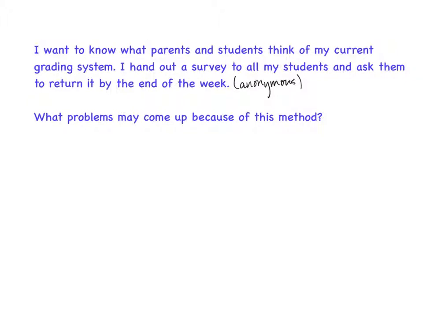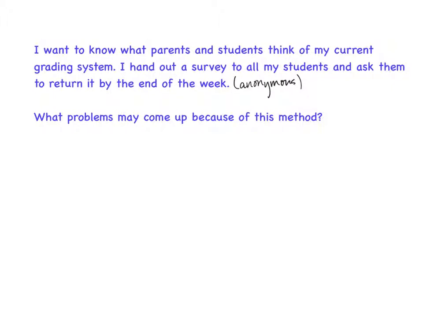So another situation: I want to know what parents and students think of my current grading system. I hand out a survey to all my students and ask them to return it by the end of the week. Let's say this is an anonymous survey. What problems may come up because of this method? What comes to my mind as a teacher, and as a student, you may not know this quite as much, but as a teacher, if I hand out something that needs to go home, get signed, and come back, a lot of them are not going to come back.